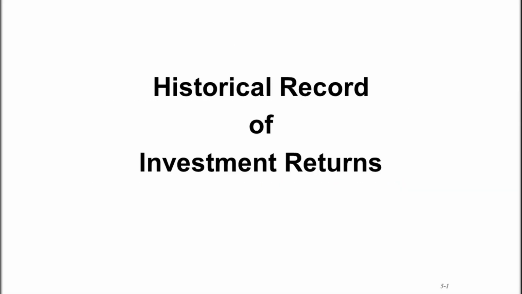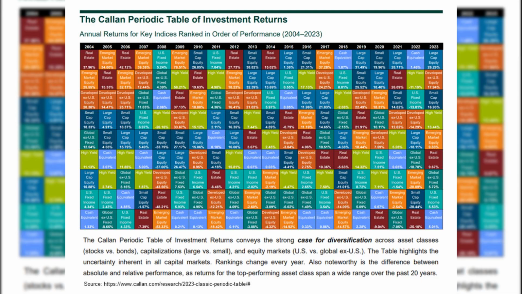Past performance doesn't guarantee future results, but it does teach us quite a bit about volatility and asset class behavior. Let's take a closer look at some actual data. This is the famous periodic table of investment returns published each year by Callan.